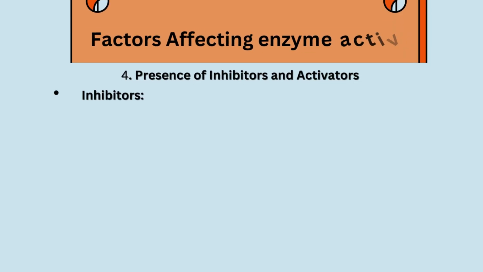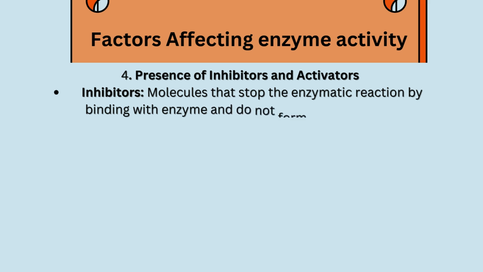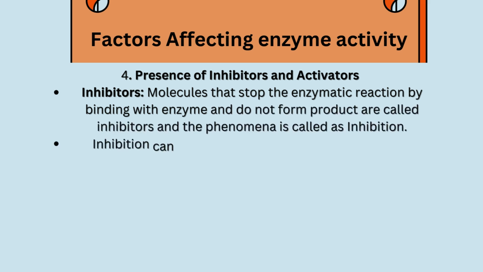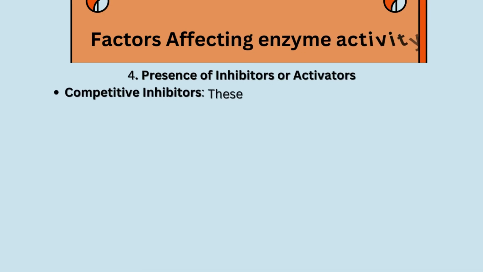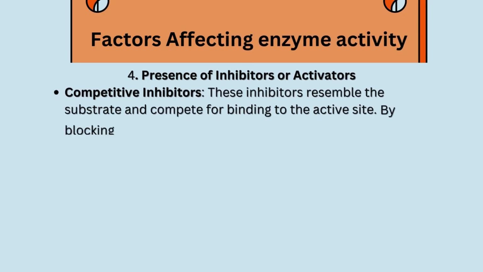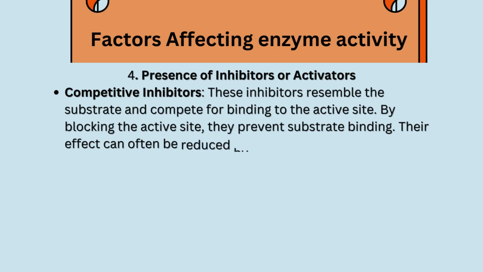Sometimes enzymes are not able to perform their role due to the presence and interference of some chemicals at the reaction site. This phenomenon is called enzyme inhibition. The molecules that stop the enzymatic reaction by binding with enzymes and do not form the products are called inhibitors. There are two types of inhibitors: competitive inhibitors and non-competitive inhibitors.